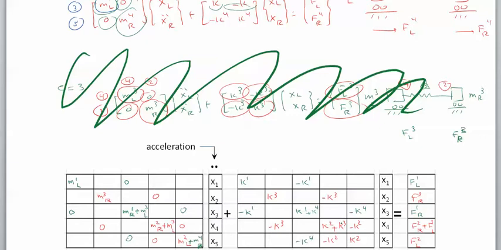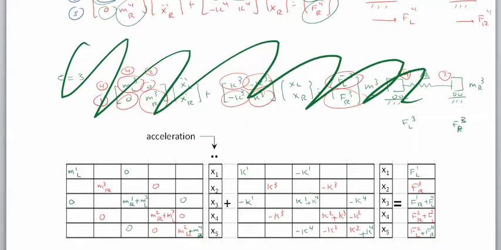And finally, row 5, column 5, which is going to be plus K4. All right, that fellow is going to go into row 3 plus F4 left 1. And this is going to go into row 5 plus F4 right 1. All right, that's good.